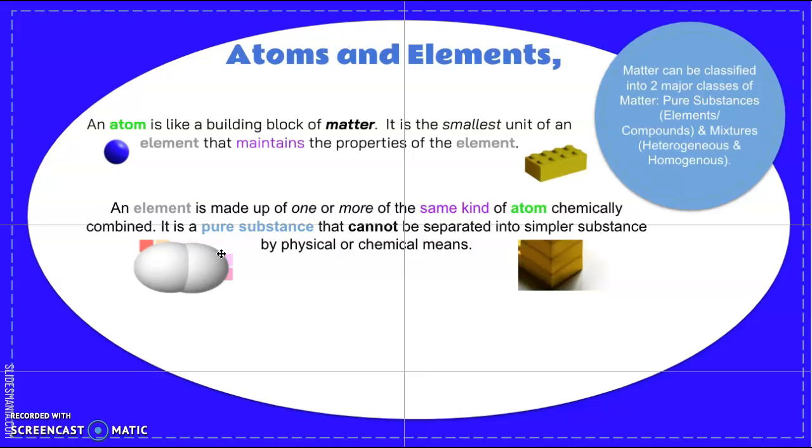But today's focus is, again, elements, compounds, and mixtures. Okay, so we want to make sure we understand that an element is the same kind of atom. Okay, and just a reminder, matter can be classified into two major classes of matter. Pure substances, which can be elements and compounds, and mixtures, which are heterogeneous or homogeneous.